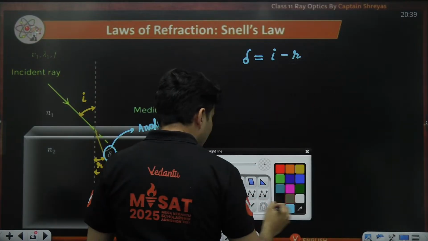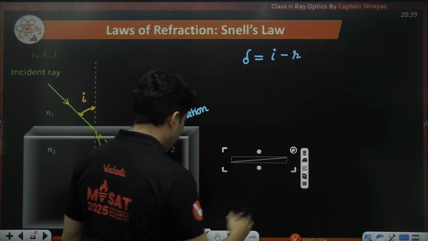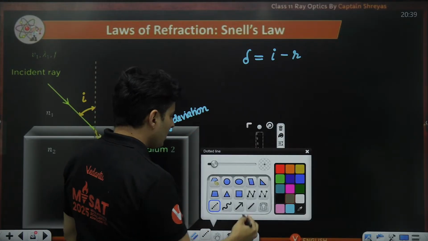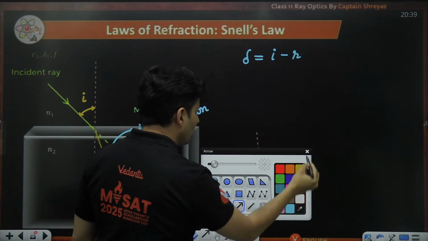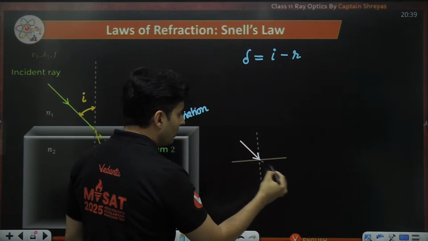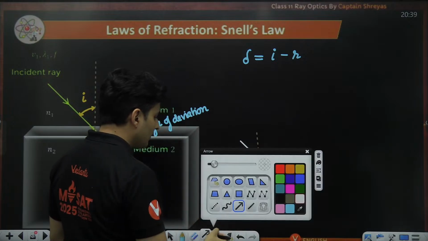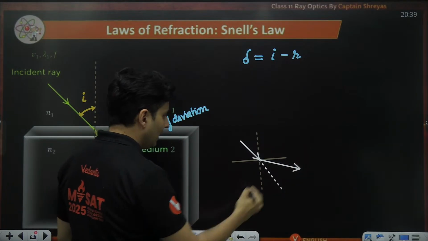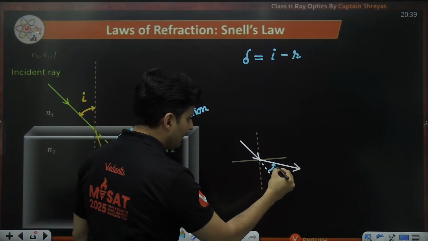But there is a catch in this. Suppose this is the medium, and this is the normal drawn, but the light is going from a dense medium to a rare medium. Then things will be different. Mind it, this will be the angle of deviation.